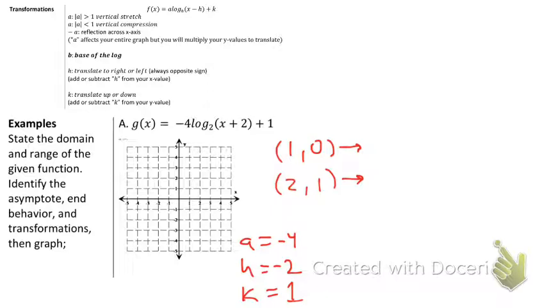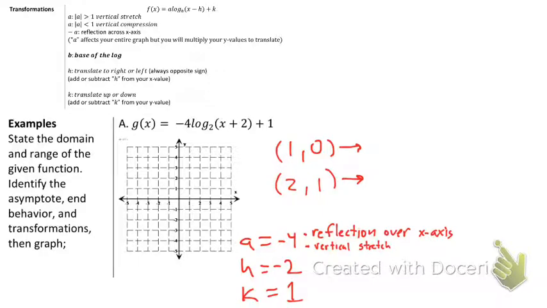So as a reminder, we're going to have a reflection because of the negative. Okay, so a vertical reflection over the x-axis. And because it's the number 4, which is bigger than 1, it's a vertical stretch. So keep that in mind as we graph these bad boys here.